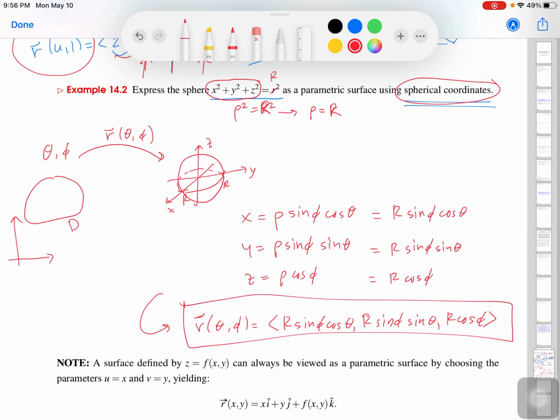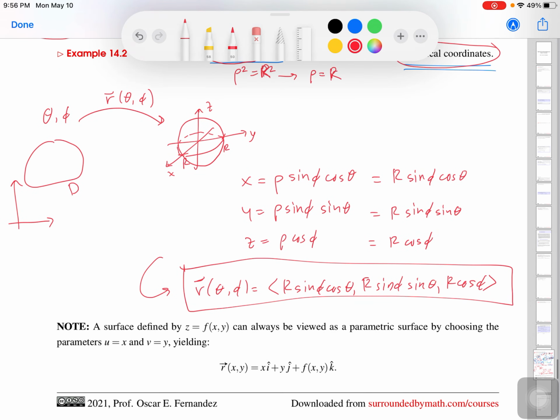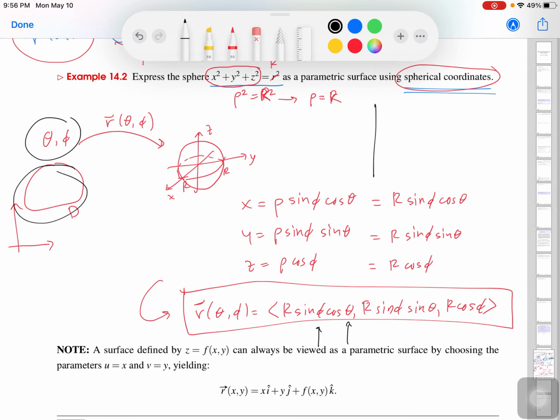I'm dealing with angles. So this is now the place where I want to talk about the domain here, from which we are going to select theta and phi. So I'm dealing with angles, and these angles have their own ranges. So if I go back then, and I want to do this as theta on the x-axis and phi on the y-axis, remember that in spherical coordinates, theta ranges from 0 to 2 pi, and phi ranges from 0 to pi.